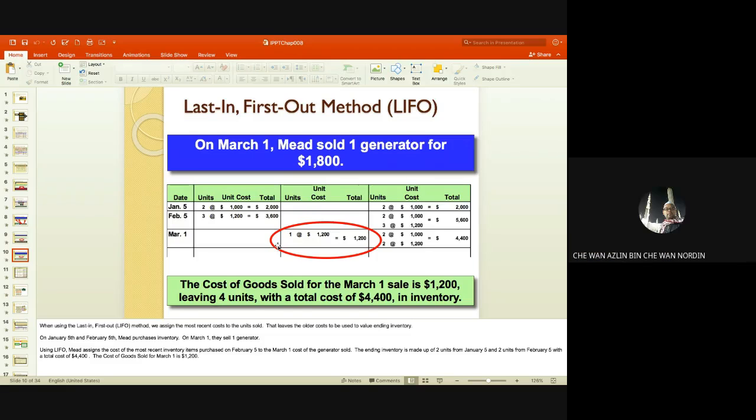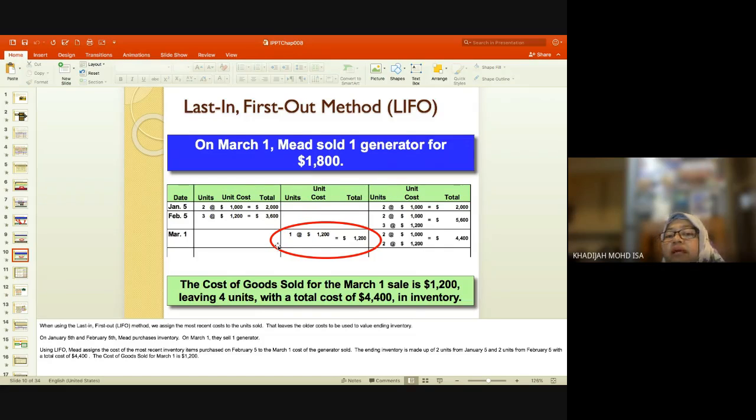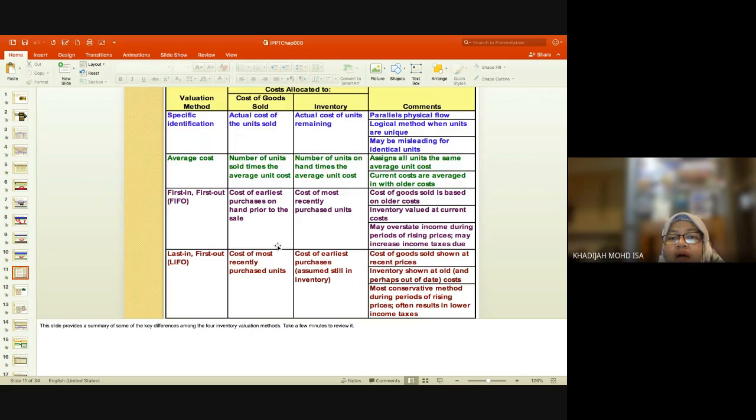But again, we say gross profit. Specific identification is okay because it's parallel: you take the specific item that you sell, then you know how much is the specific item that you have in the balance. Average cost is always average.